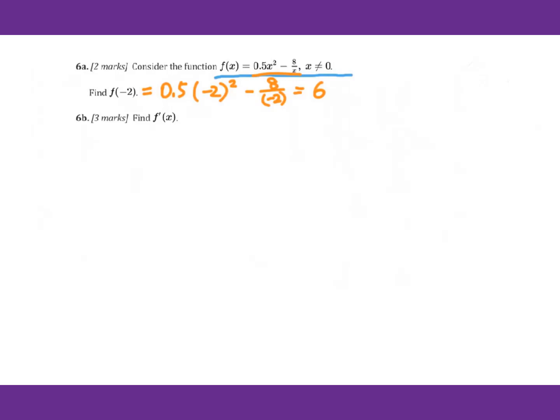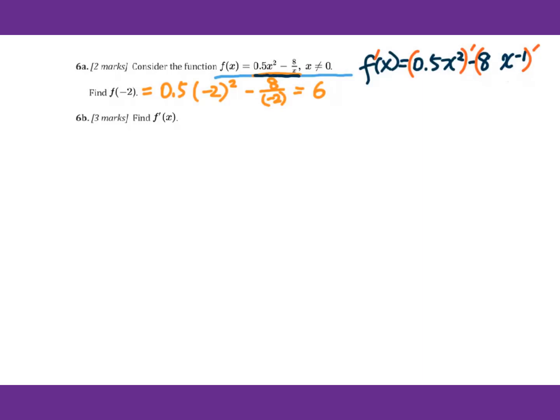For 6b, find f prime of x. First of all, you need to change this function into power form. So f of x equals 0.5x squared minus 8 times x to the negative first power. Then for the derivative, we do it like this.